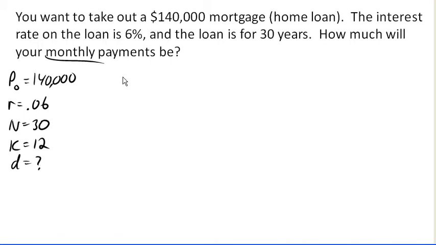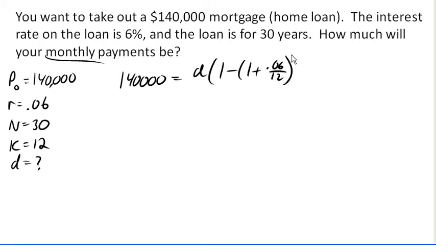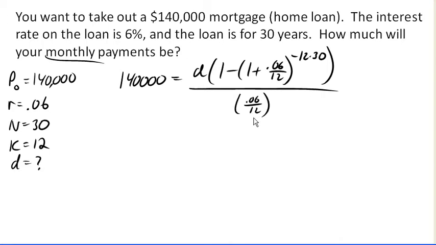So using my loan equation, we got 140,000 equals d times 1 minus (1 plus r over k) to the negative k times n, all over r over k. And so like we have typically done, we're going to pre-evaluate some of these values.